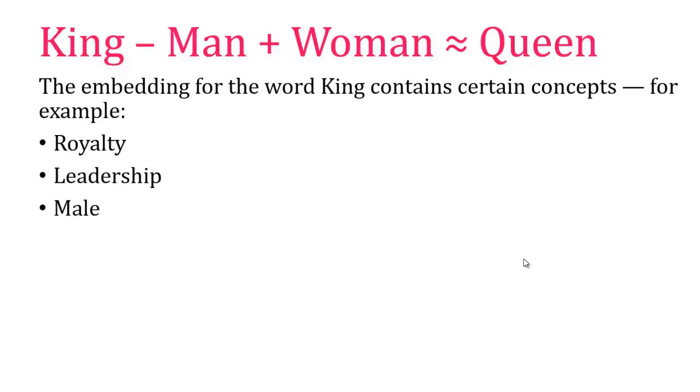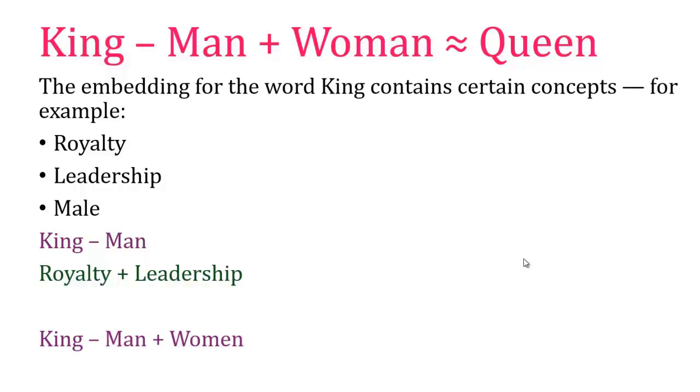If we think of the word man, the important meaning there is mainly male, right? So if we take king minus man, in simple language, we are removing the male concept from the idea of a king. What remains is royalty plus leadership, right? Because we have removed the male concept from the king.